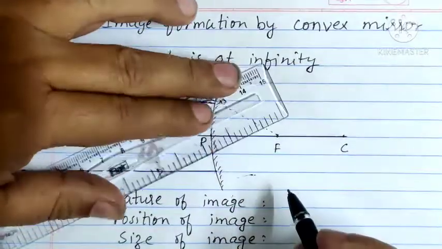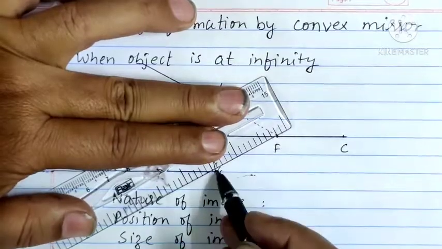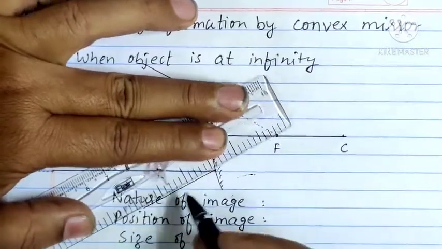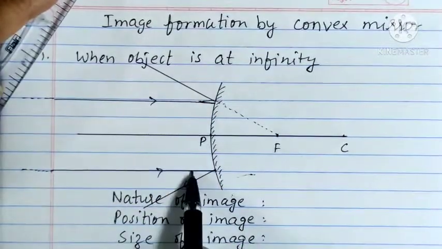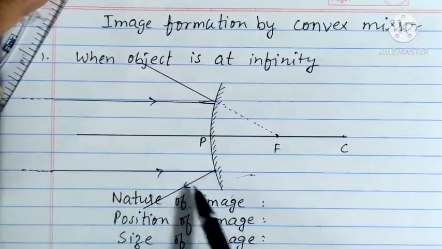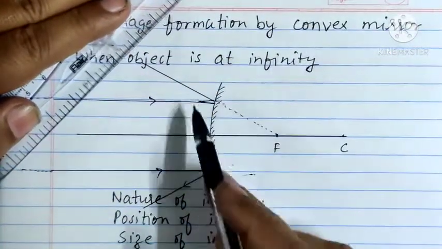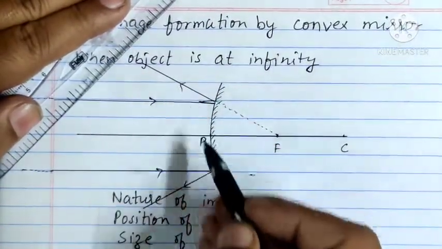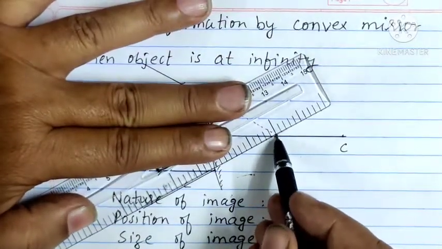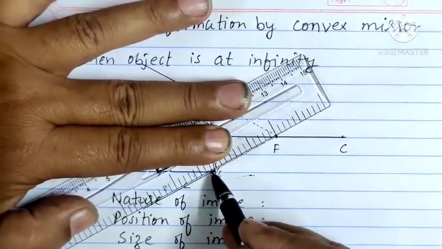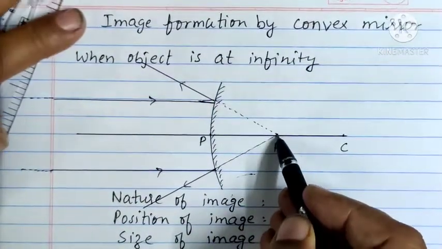Here also it will diverge, and this is the reflected ray. These two rays parallel to the principal axis coming from infinity diverge, and these two reflected rays will not meet each other, but they will appear to meet at focus. This is the principal focus of the convex mirror.